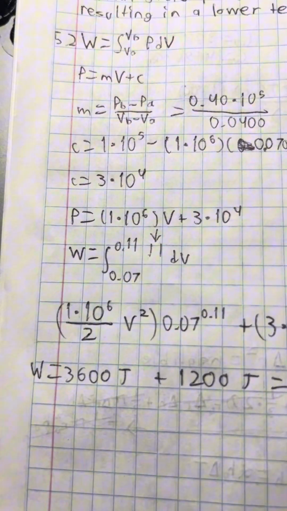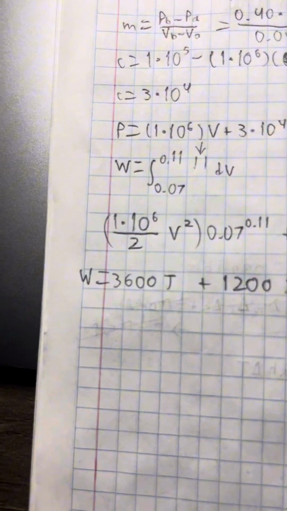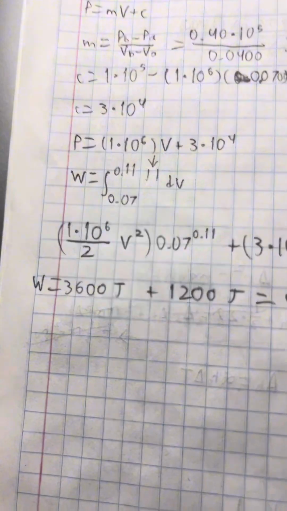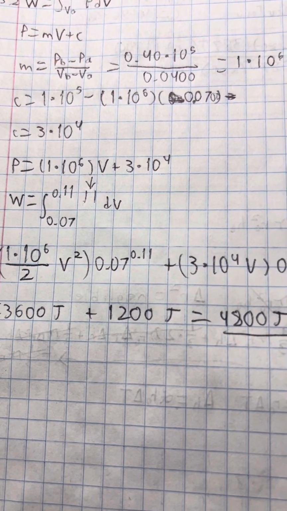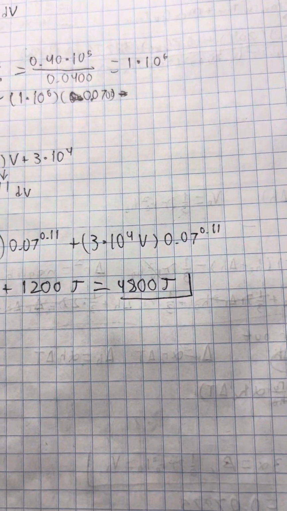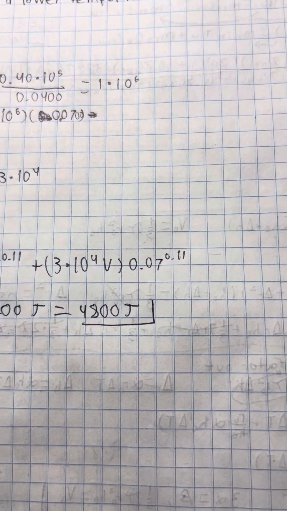You perform the integration of this formula right here, and you get 1 times 10 to the 6 over 2 times V squared evaluated from 0.07 to 0.11, plus 3 times 10 to the 4 times V evaluated from 0.07 to 0.11.